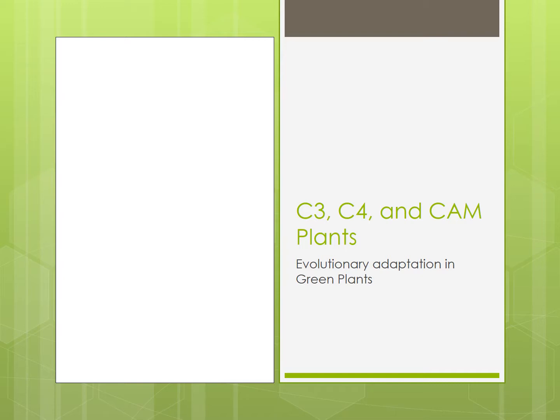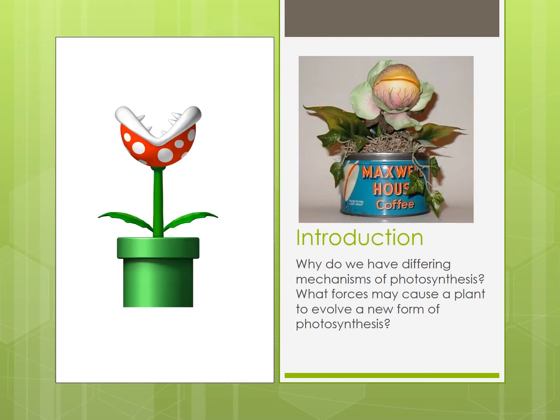CAM plants are going to be like your cacti. They have a totally different way of undergoing photosynthesis. But every organism, whether they're in the desert, down by a creek, or in the ocean, has to be adapted to its own environment. So we need these different mechanisms of photosynthesis.